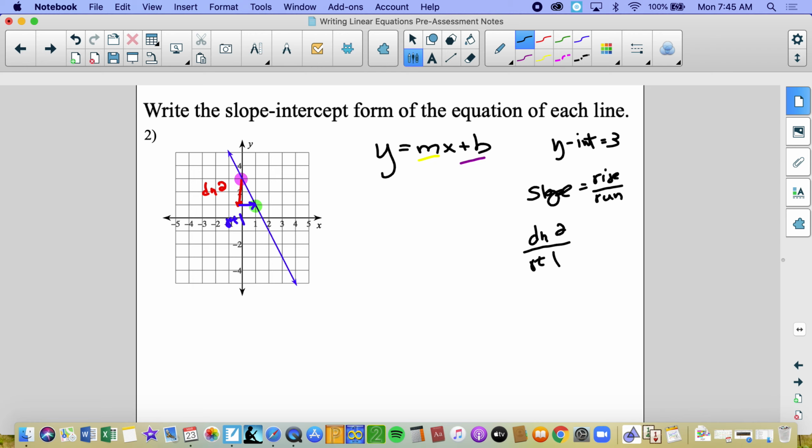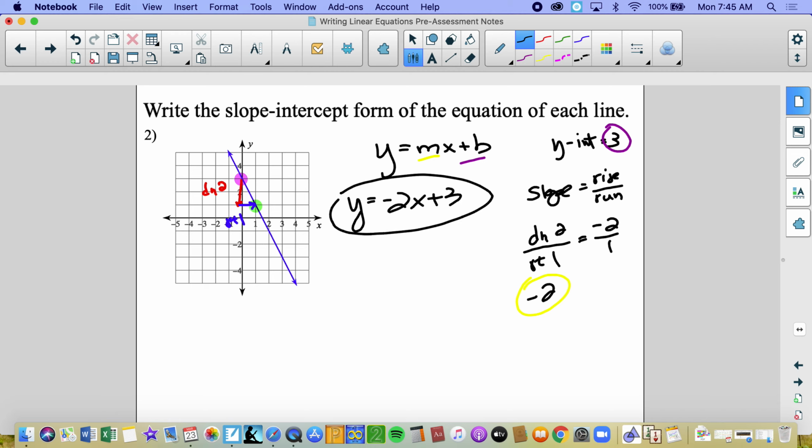I go right 1. Down is negative. Right is positive. And we would simplify that. So here is my slope, -2. Here is my y-intercept, 3. And now let's fill that into our template. So we get y equals -2x plus 3.